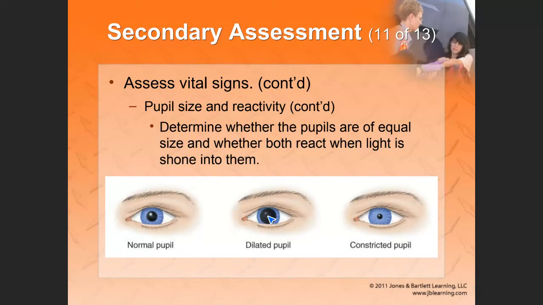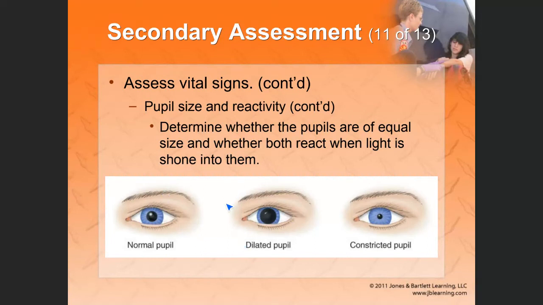So it's an indication that there might be a head injury present, unless the patient was born with the pupils like that. Some persons are born with unequal pupils. So the pupils can tell you a lot about the brain.